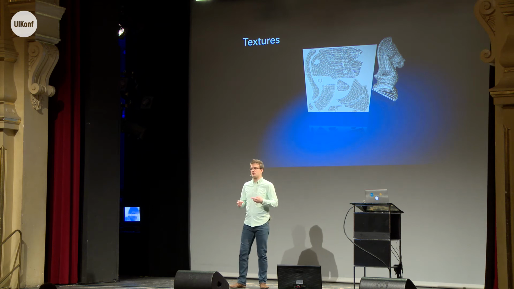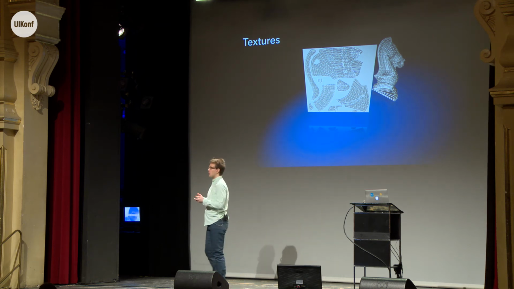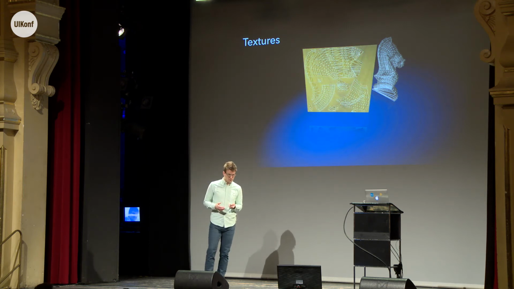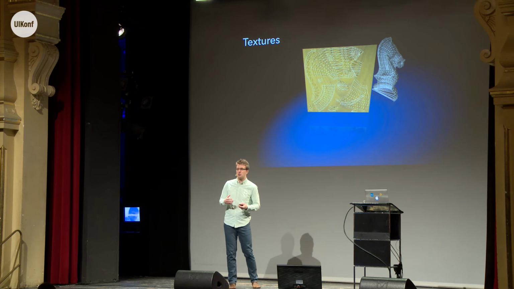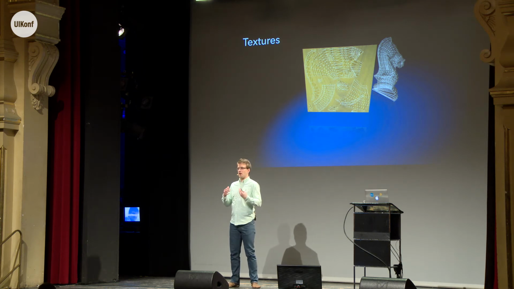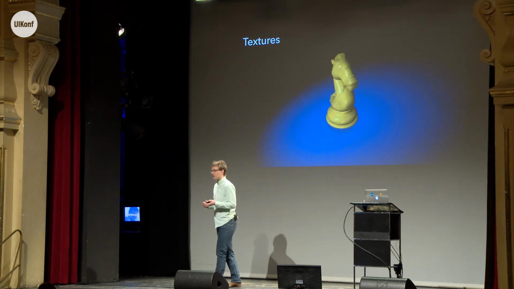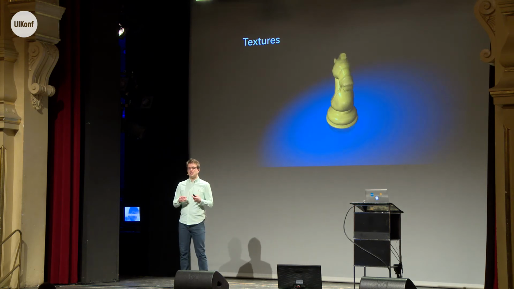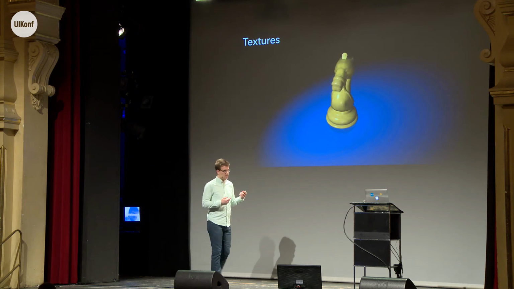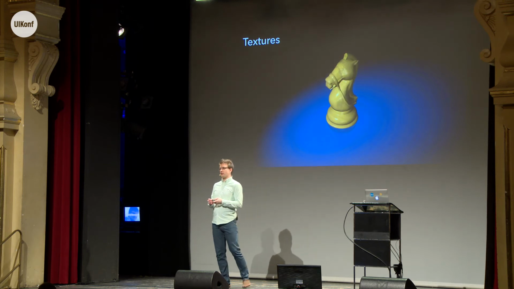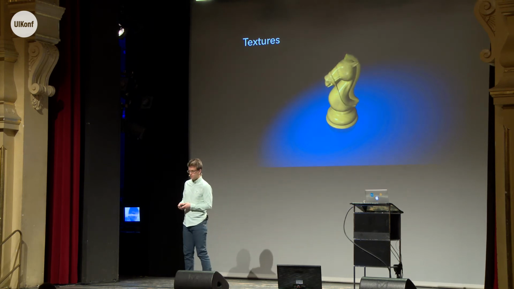Then for each vertex, you store the 2D coordinate, so that when you're using a real image later on, you know what parts of the image to display on each triangle. And with this data being read for each vertex from the geometry data on file, we can display an image on top of our surface.